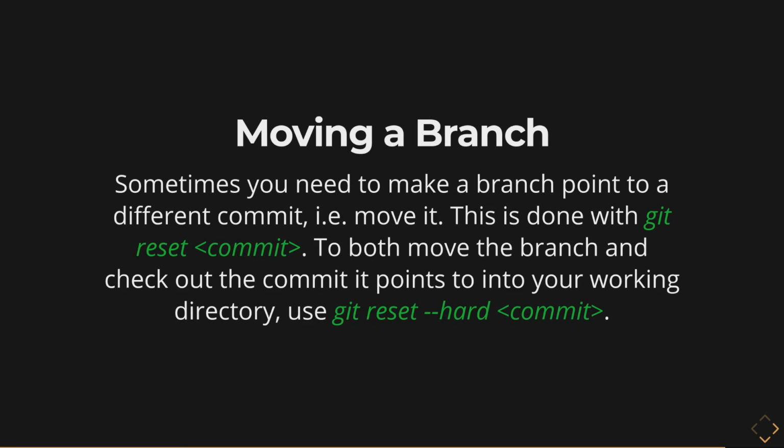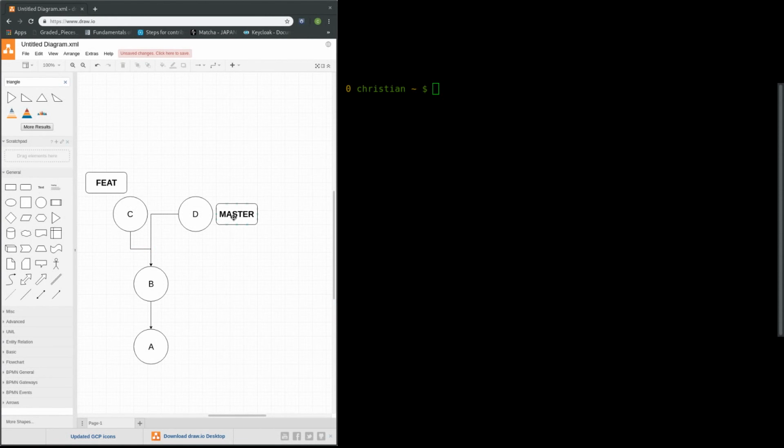And what if you need to move a branch? Because remember, I've told you that a branch is just a pointer to a commit. Going back to the diagram, you might be in a situation where you'd want to actually move a branch completely, move the label, let's say master, over here to C, like that.